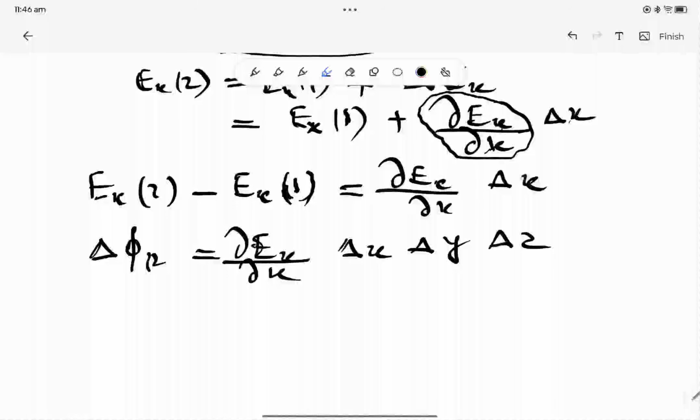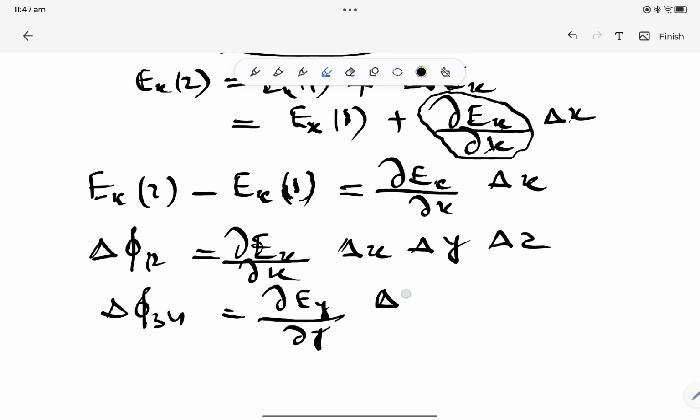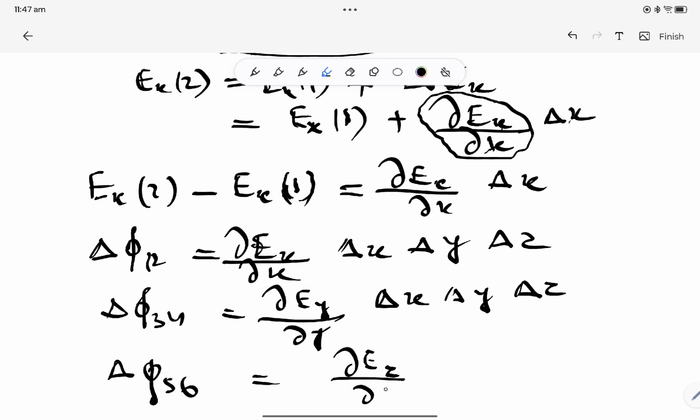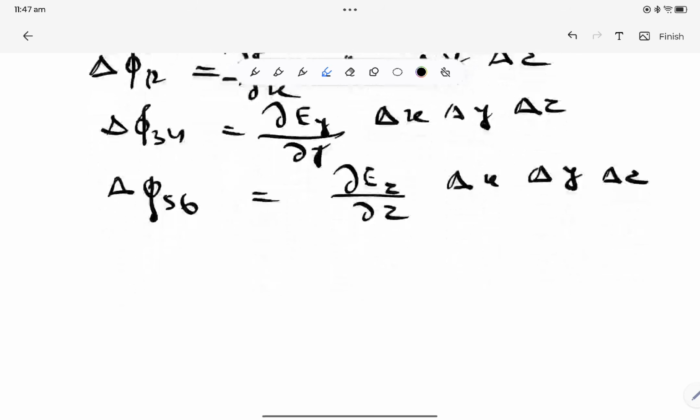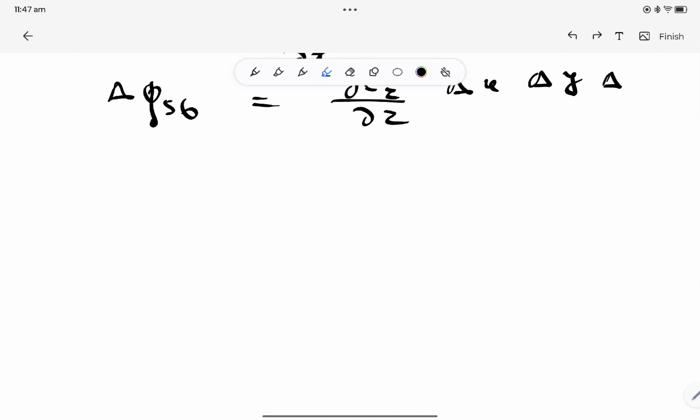So the net flux through those two phases 3 and 4 will be del Ey by del Y, delta X, delta Y, delta Z. Sorry, delta X, delta Z. Similarly, the net flux through phases 5 and 6 will be del Ez by del Z into delta X, delta Y, delta Z. The total flux through this little cube, when we add up all these fluxes, will be E dot dA through this cube.